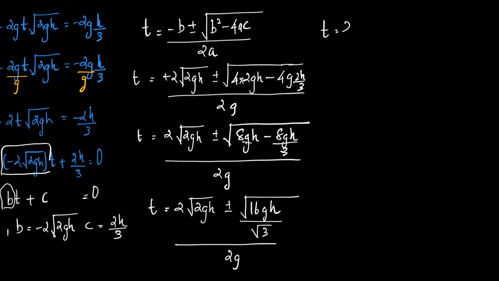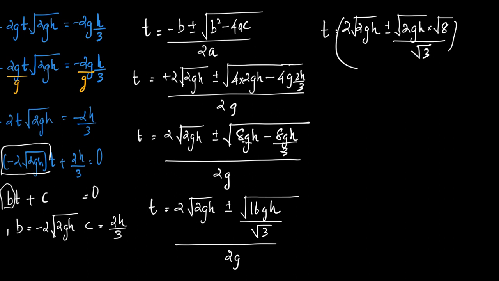So t will be equal to 2 into root of 2gh plus or minus root of 16gh. I'll write it as root of 2gh into root of 8, the whole upon root 3, and now the whole numerator divided by 2g.